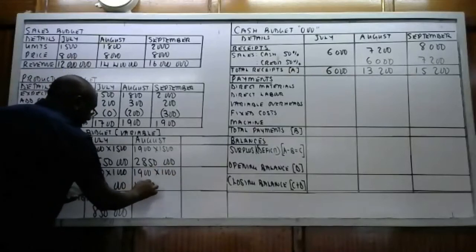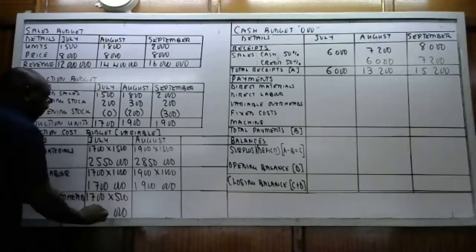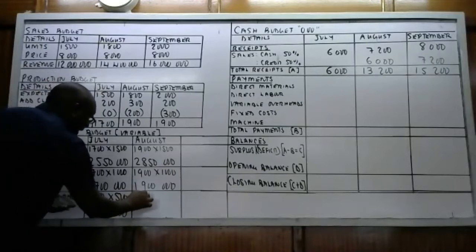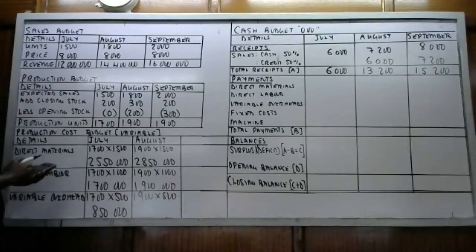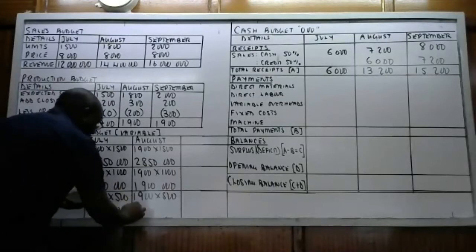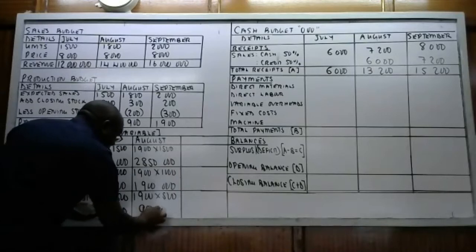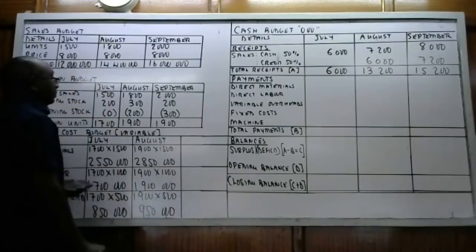That is 1,900,000. 1,900 each costing me 500. That is 950,000.